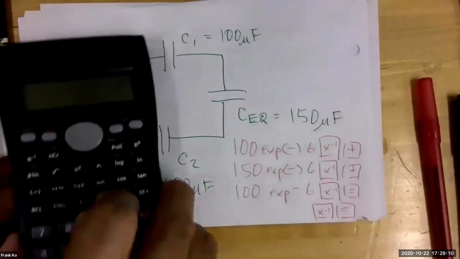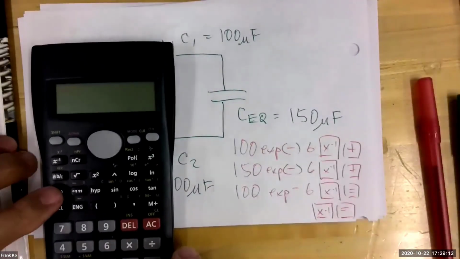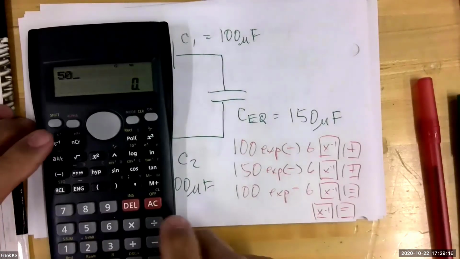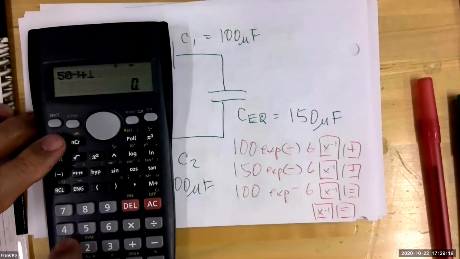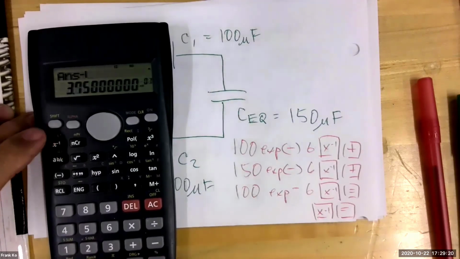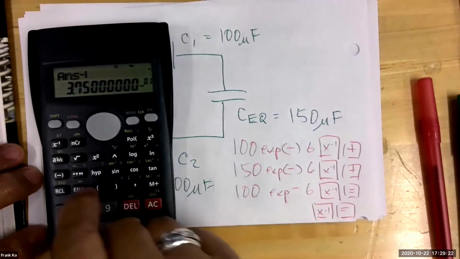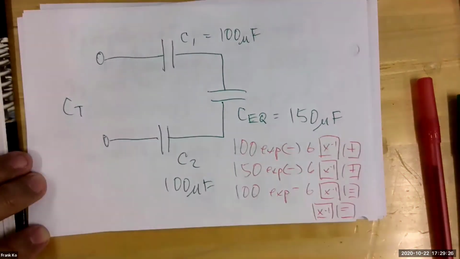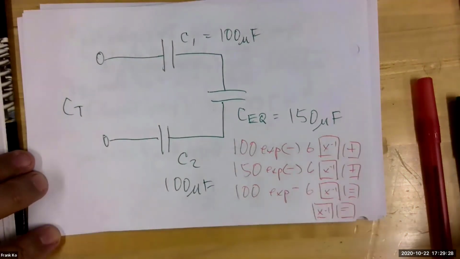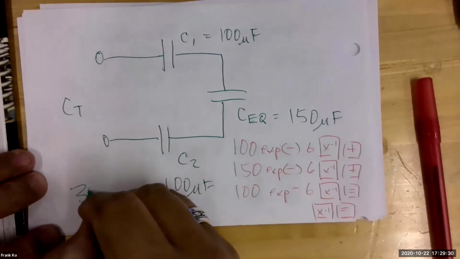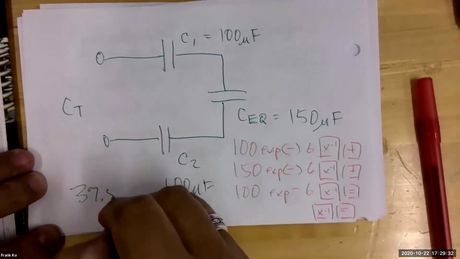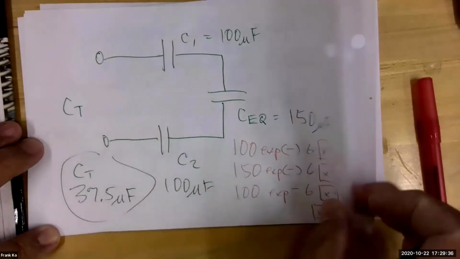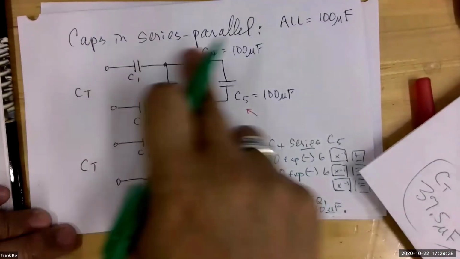And so we should have 50 reciprocal plus 150 reciprocal, hopefully you end up with 37.5 microfarads? Is that what you all calculate? 37.5 microfarads is my C total for this circuit.